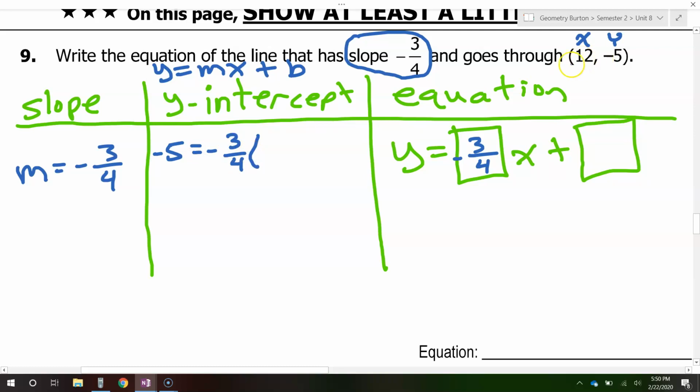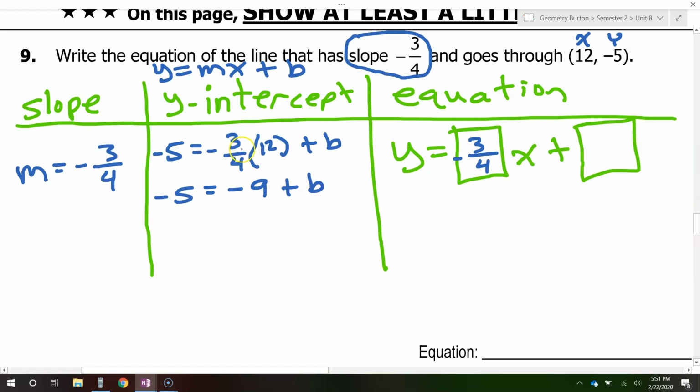And then the x is 12. And then plus b. Now I can do this in my head because 4 goes into 12 3 times. And then 3 times -3 is -9. So I know it's going to be -5 is equal to -9 plus b.